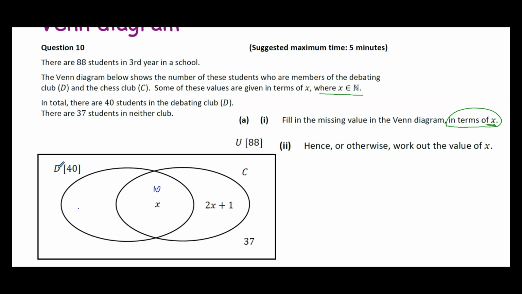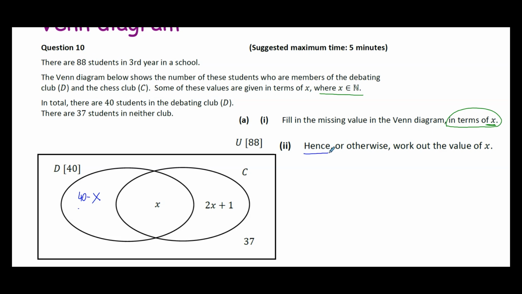So how many students are only in the debating club if all of them were 40? Well, 40 minus 10 gives me 30, isn't it? So the idea will be the same. The only thing is, we made up 10, we don't have 10, we have x. So therefore that will be 40 minus x. So that's the missing value.